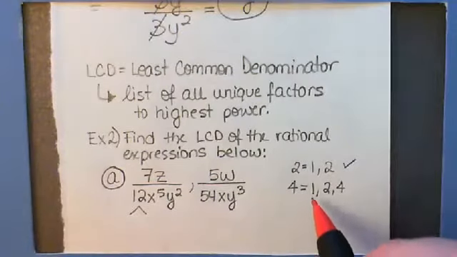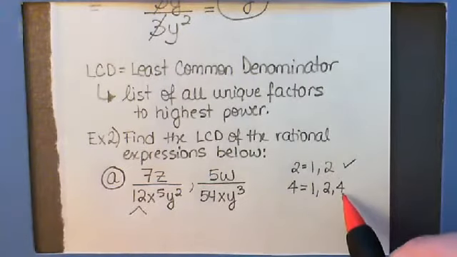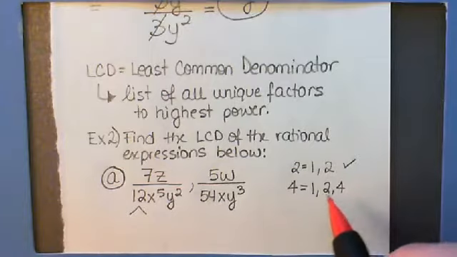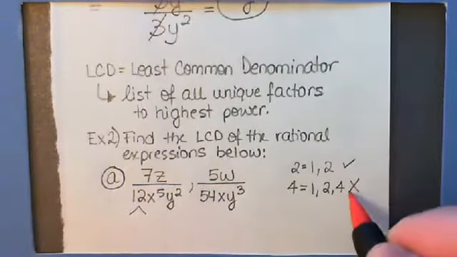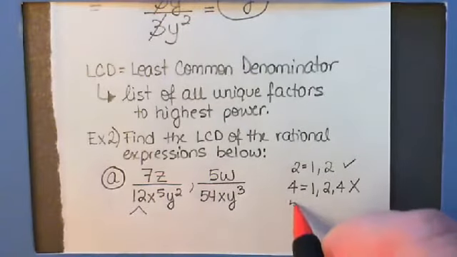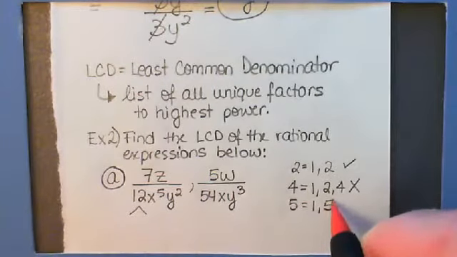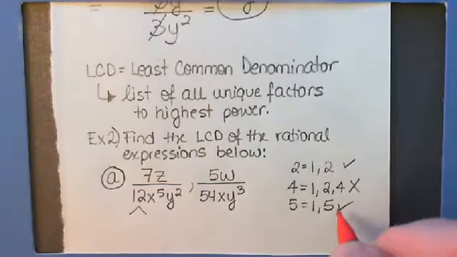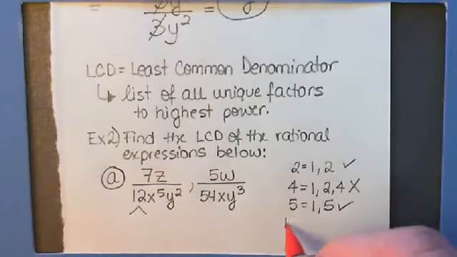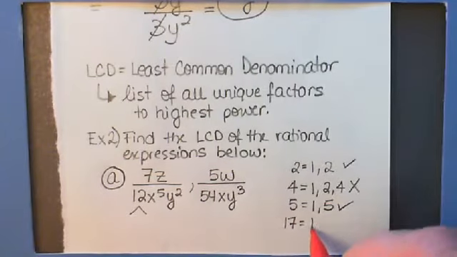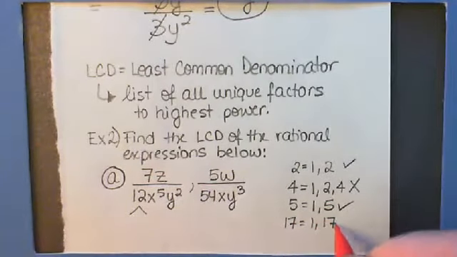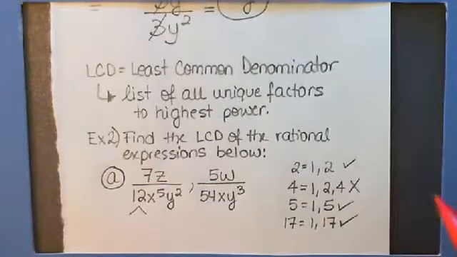So to be a prime number, remember, only 1 and the number itself have to go into the number. But in this case, I have more than that, so this is not a prime number. If you look at number 5, for example, 5 is a prime number because 1 and 5 go into 5. So this will be a prime number. If I look at number 17, for example, another prime number because the only numbers going into 17 are 1 and 17.